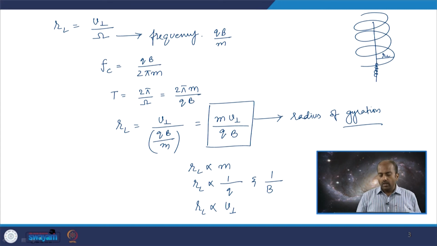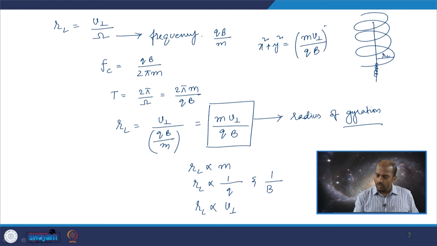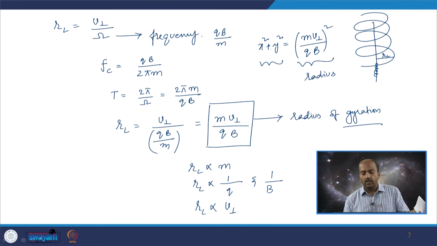Now, in terms of this, we can write x square plus y square is equal to (m v perpendicular by qb) square. So, this is the circular motion and this is the radius. Now, the circular motion is executed at the center, so the particle is entering into the magnetic field at the origin.